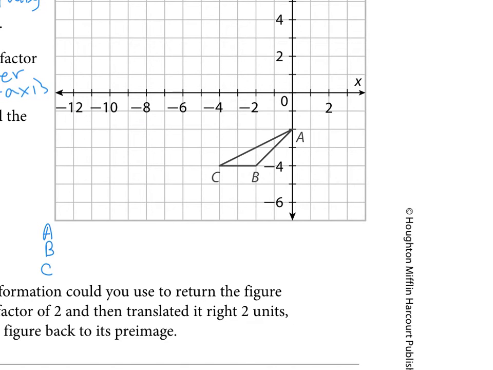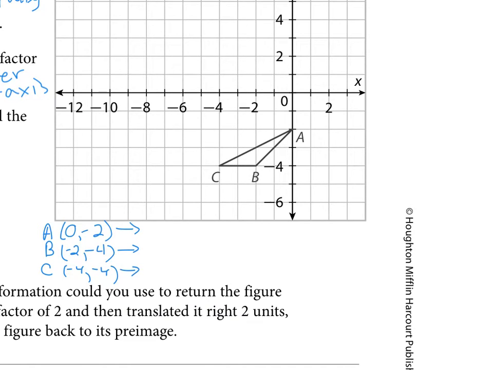So A, B, and C started at A is 0, -2, B is -2, -4, and C is -4, -4.